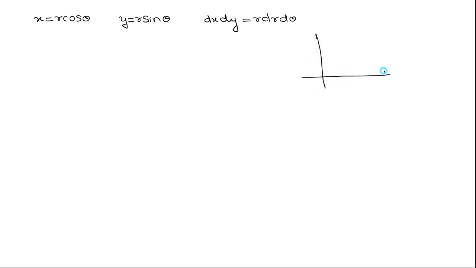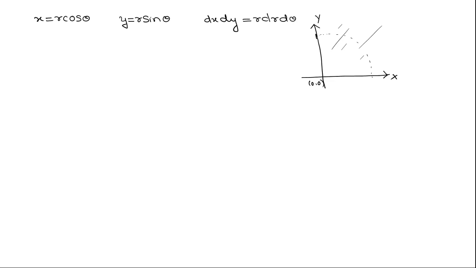In the coordinate axis, x ranges from 0 to infinity, it means that it is the x-axis. And the values of y are ranging from 0 to infinity, it means that it is the y-axis. So the region of integration is the whole of the first quadrant.